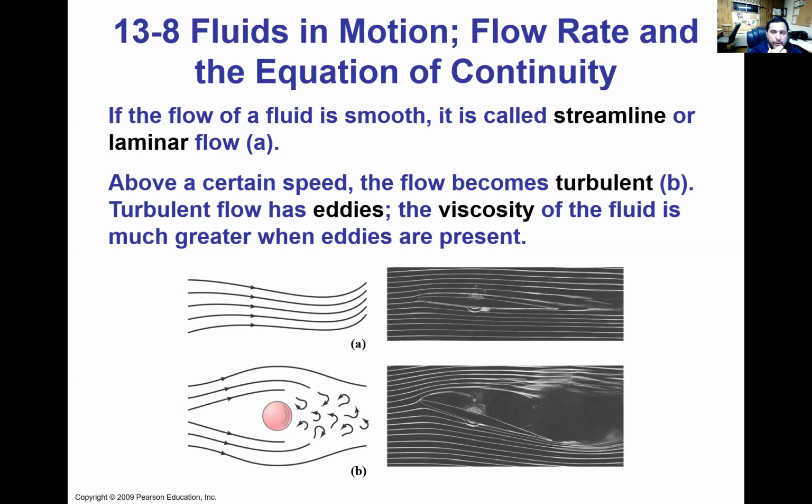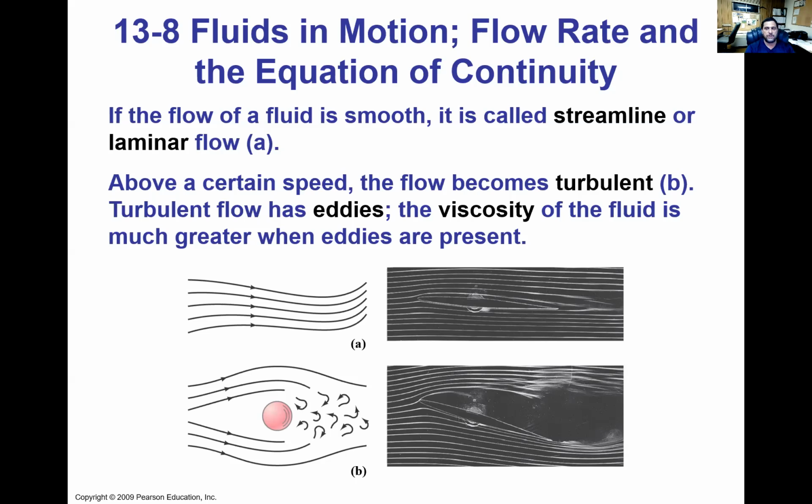If the flow of the fluid is smooth and relatively streamlined, it's called laminar flow. So laminar flow is shown by A. Laminar flow is also kind of a section of a creek where the water is moving, but the top is very smooth, so there's very little turbulence.